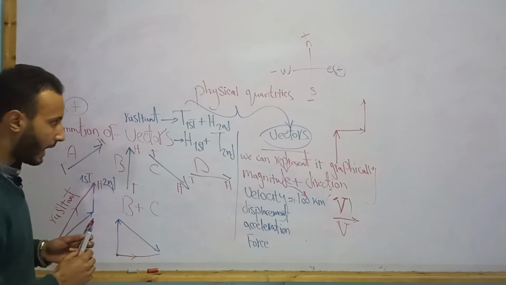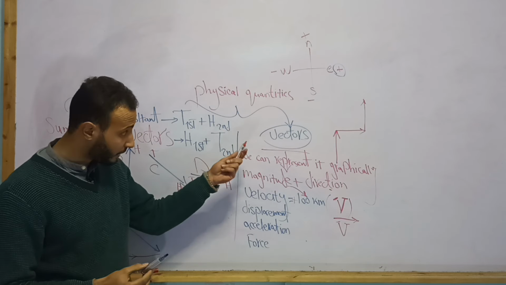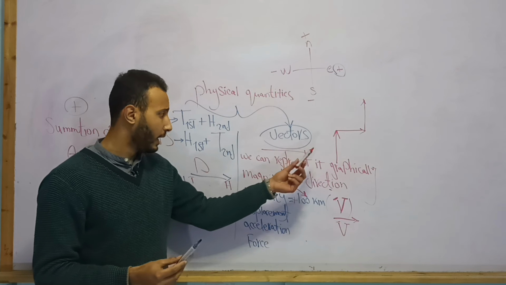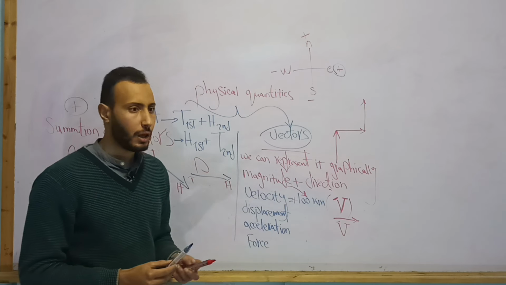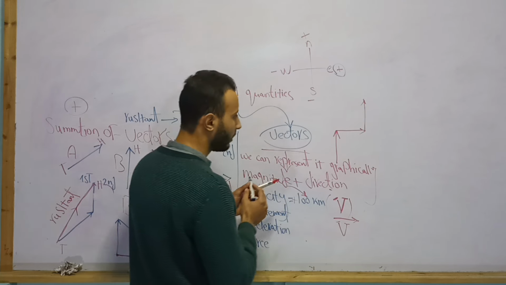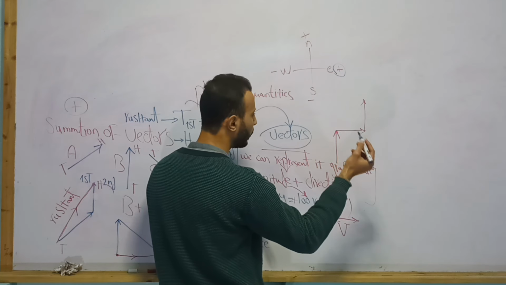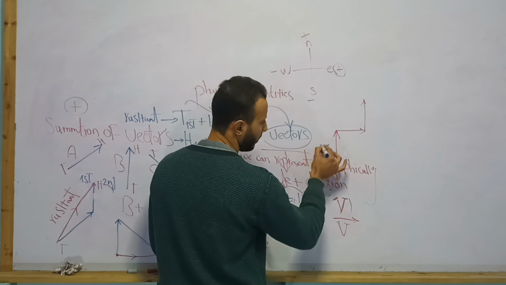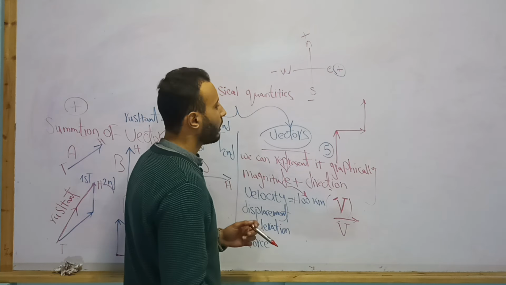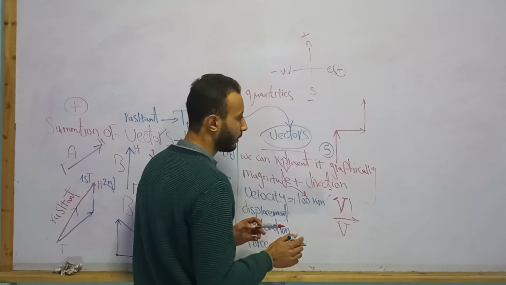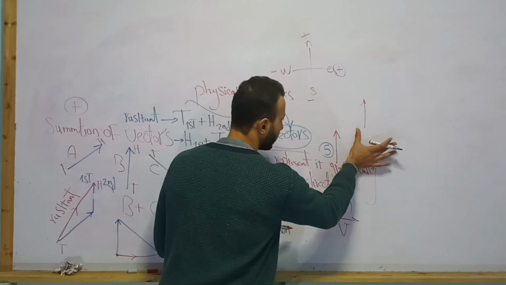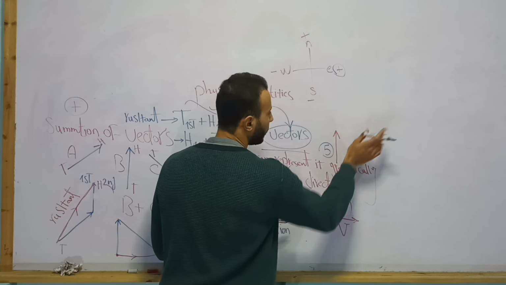Before I go, I have here to say some very important property in the representation of the vector graphically. If you have a vector, for example, this vector is equal to 5. And another vector in the same direction and also equal to 5.